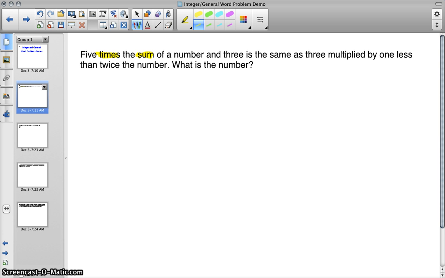Times, sum, multiplied, less than, twice. Now any actual numbers I'm going to highlight. So we've got 5, 3, 3, 1.